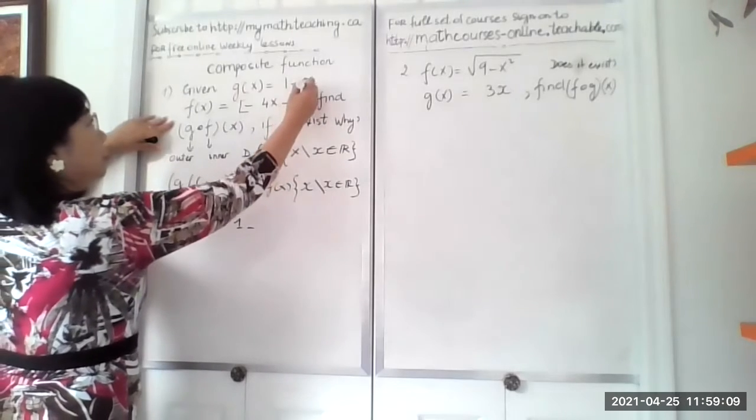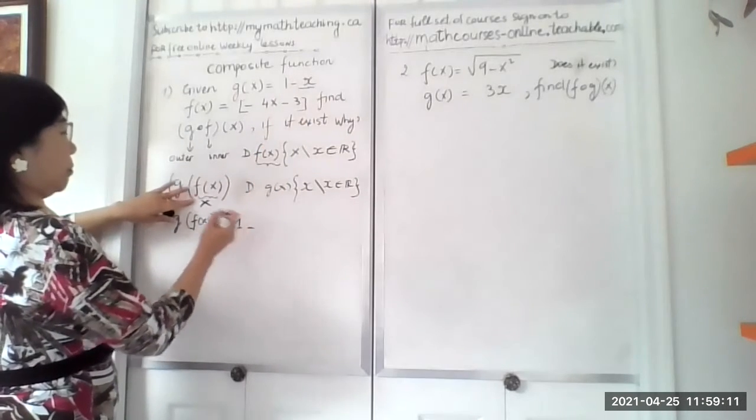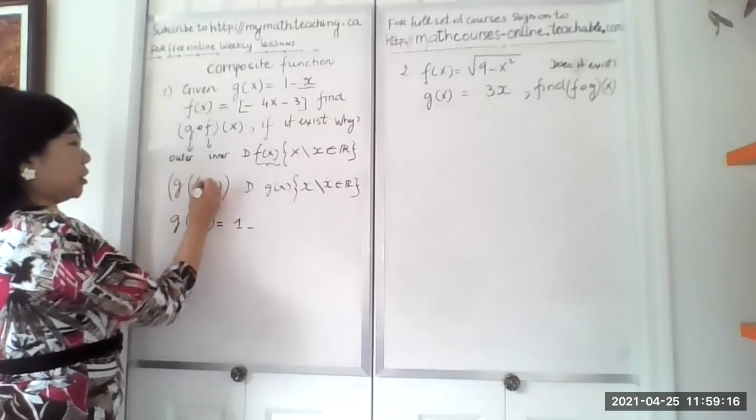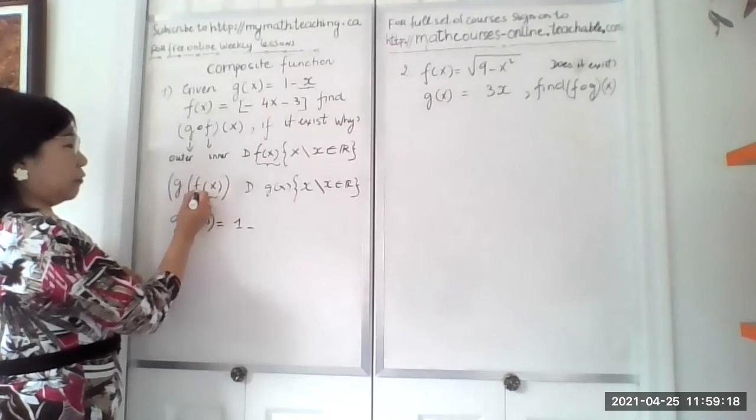We substitute this x by the function f of x, because the x of g here stands for f of x.